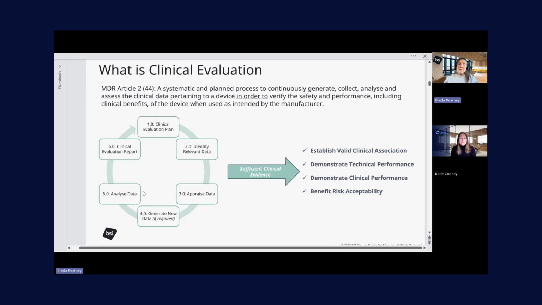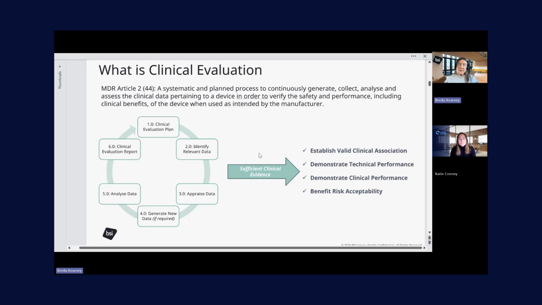So the important thing is, though, for standard medical devices, generally what we're trying to do is to verify that the device is safe, performs as intended, and that it delivers a clinical benefit. With software, it is a little bit different.